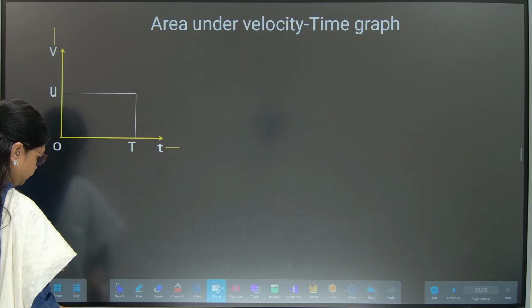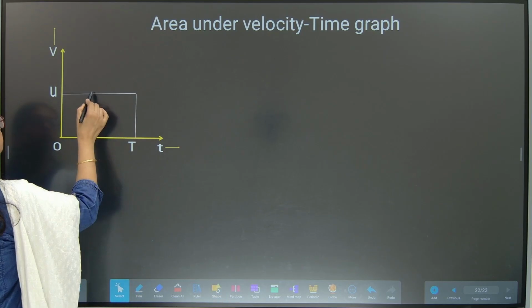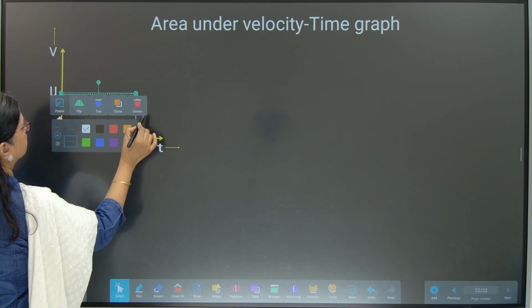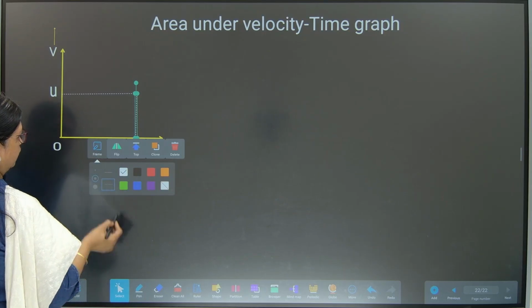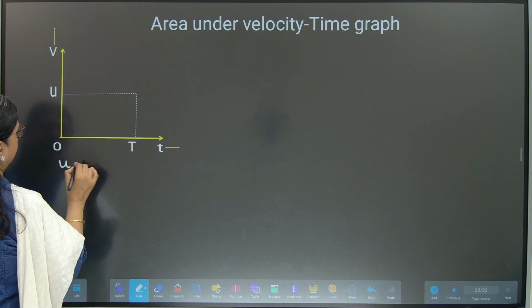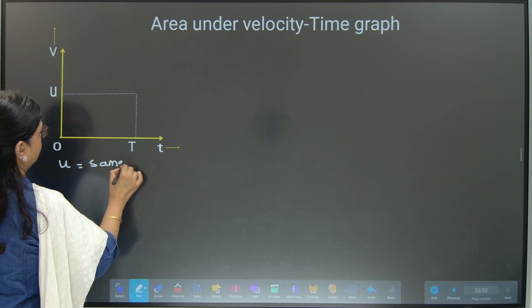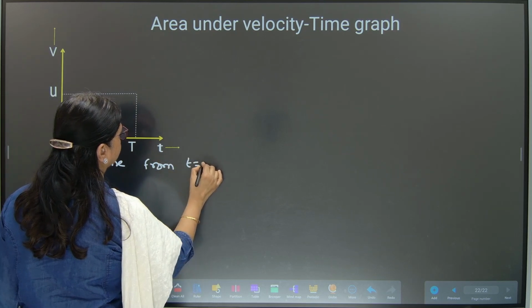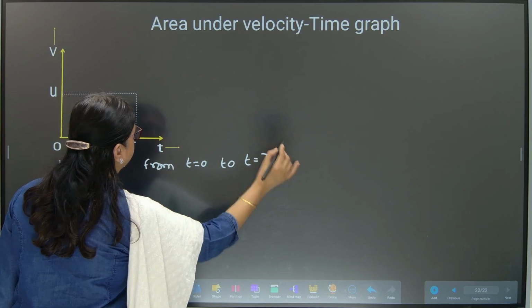So let me draw this graph such that we have a velocity time graph with u the same from time t equal to 0 to time t equal to t.